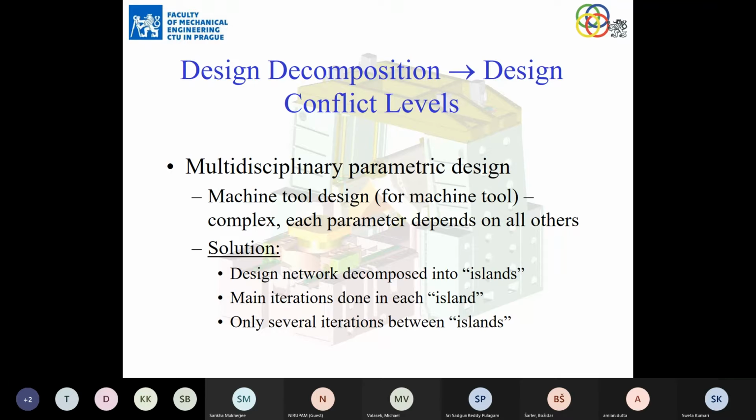So we investigated this conflict, or we have found the conflict levels inside this design space, and we decompose this design network into islands and realize the iteration inside each island, and then only several iterations between islands.